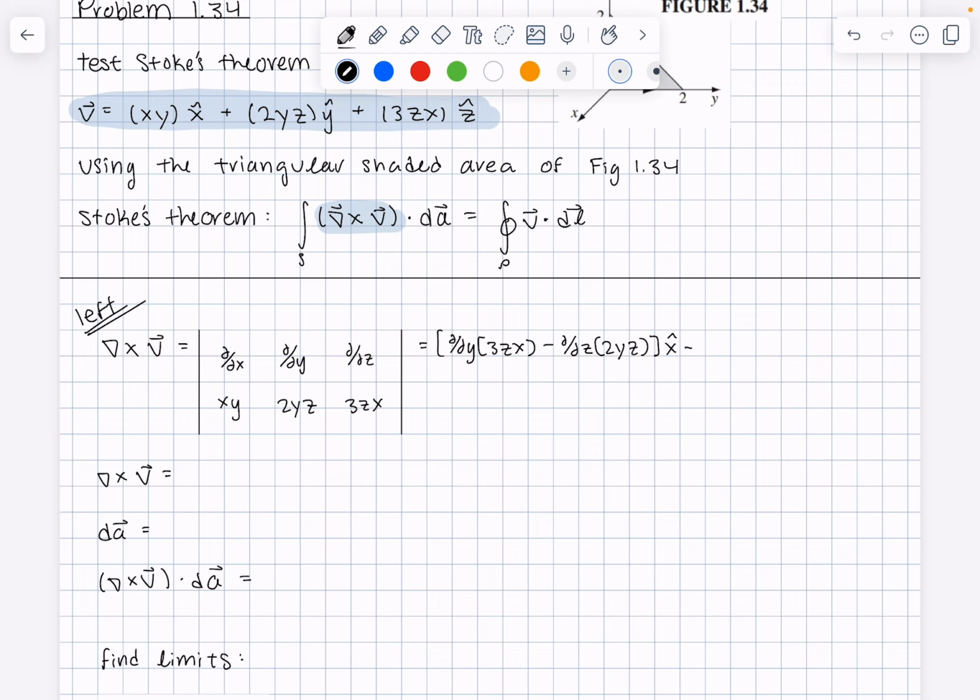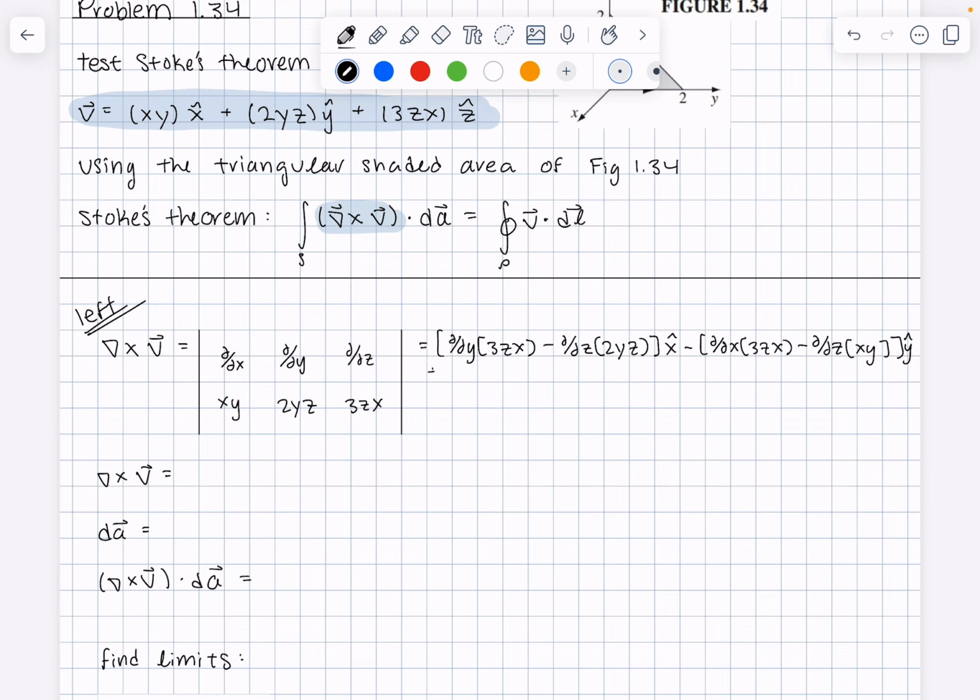And then we'll subtract from the y-hat direction, the partial with respect to x of 3zx minus the partial with respect to z of xy, and that is in the y-hat direction.